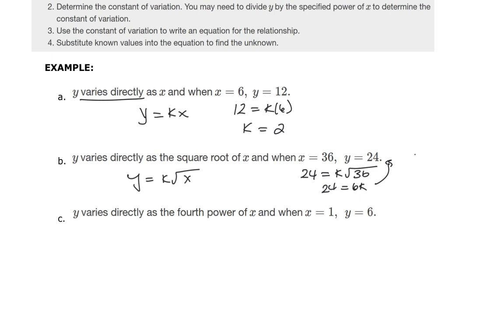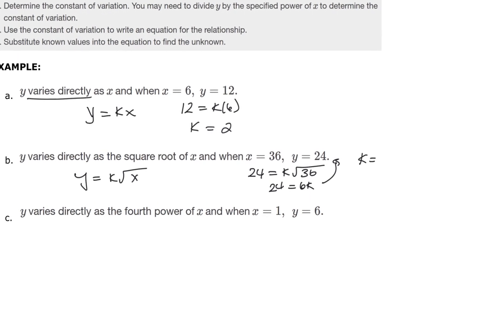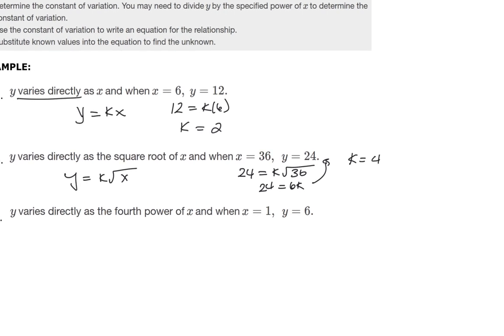Solving for k, I'm going to get k is equal to 4. Now, I didn't do it on the previous one, but I should, and I will do it on this one as well. So now my equation is y is equal to 4 times the square root of x, just like my equation here, y is equal to 2x. Oh, and that should be the square root of x on the second one. The square root of x.